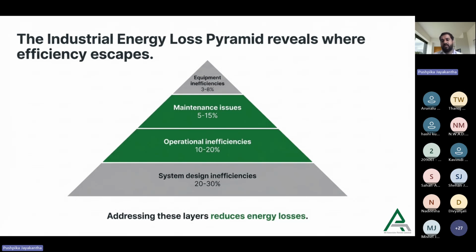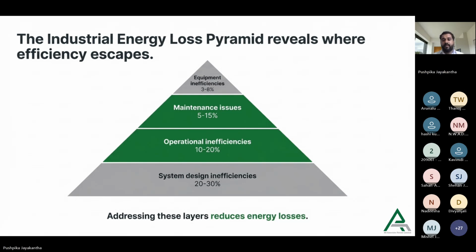Although equipment inefficiency contributes less than the other levels, upgrading equipment can still produce significant long-term savings. For example, if you are using CFL or tungsten bulbs in your home or office, by replacing them with LED bulbs you can definitely achieve significant energy savings over a long time.